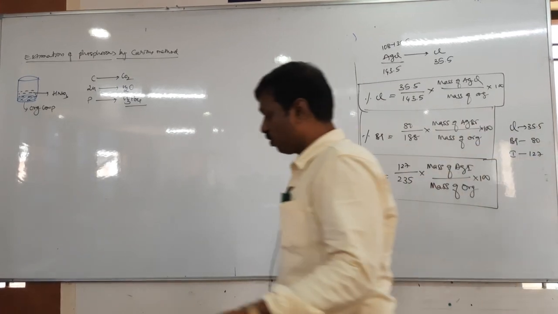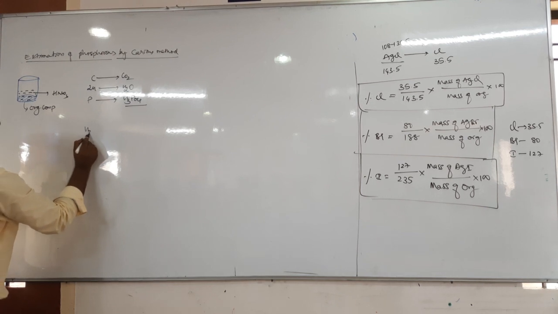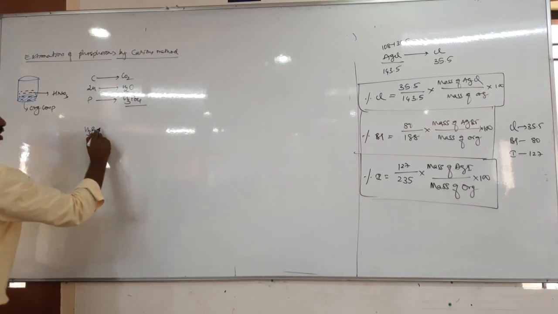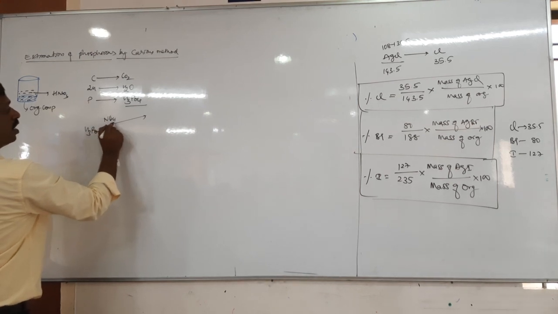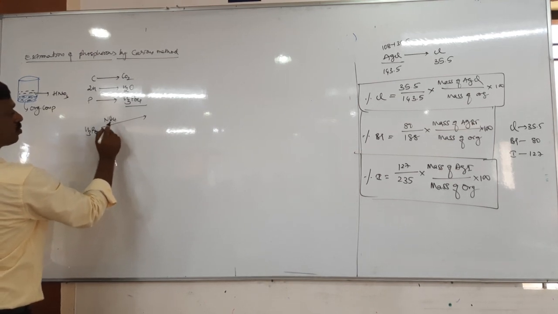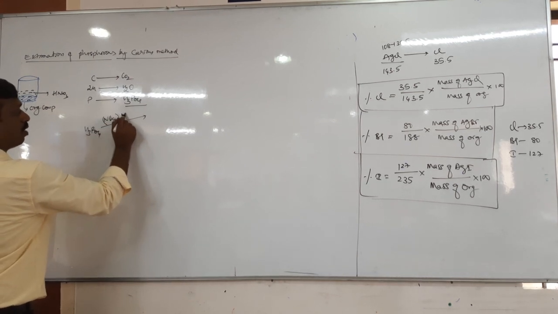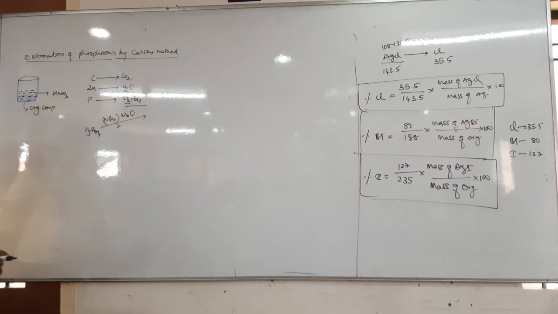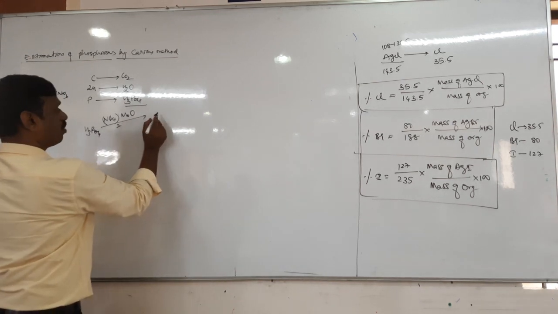Okay. So now you can take it like this: phosphoric acid H3PO4 is treated with ammonium molybdate. What is the formula? NH4 twice, MoO. What does it form?